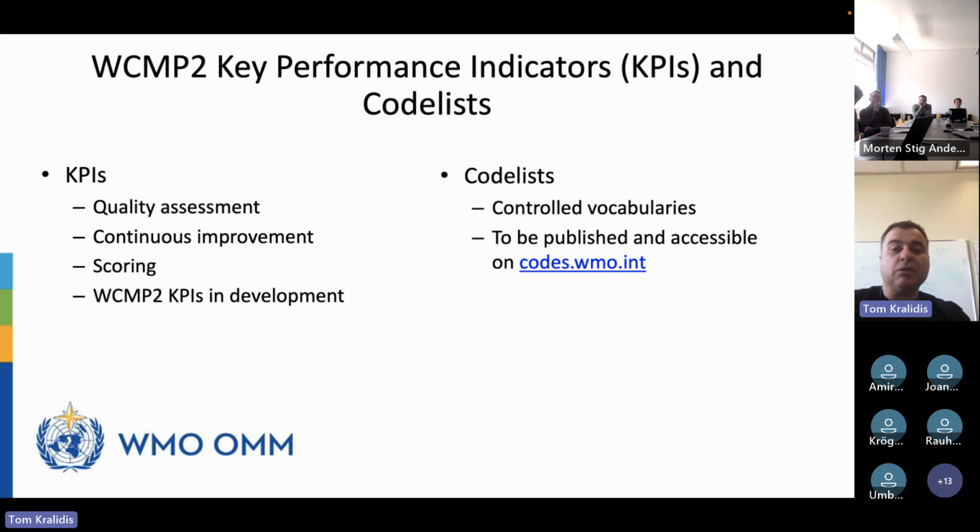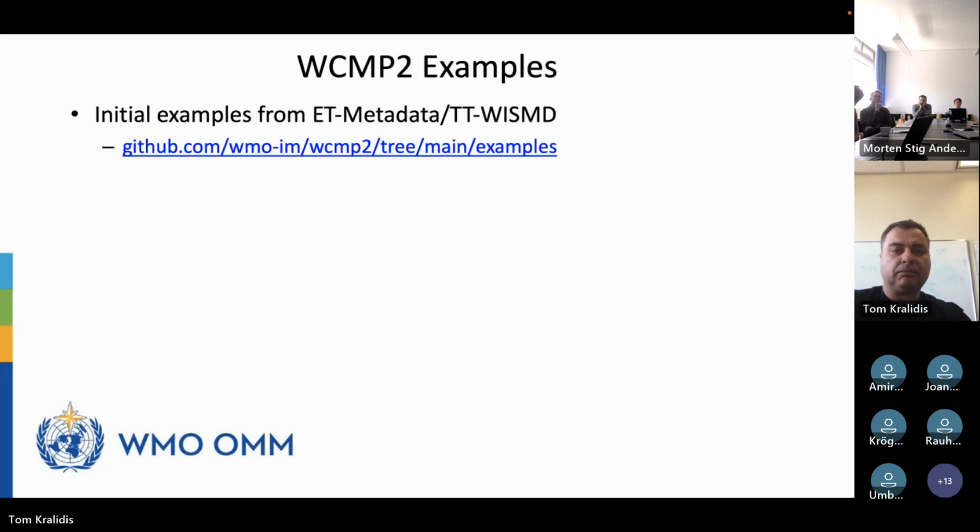The whole idea is continuous improvement of the discovery metadata in as automated a way as possible. We are developing these KPIs and code lists in parallel to WCMP2, so we're writing the implementations as we write the specification. That gives us a nice, agile way to validate the specification in real time. I'll send this presentation out after the call, but here are some initial examples for WCMP2 from that link.